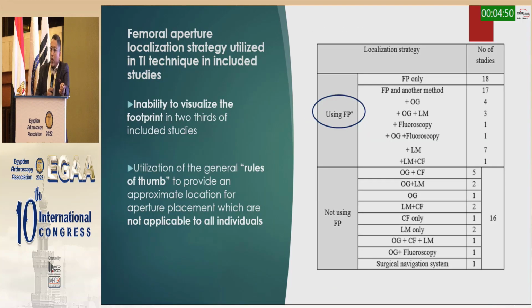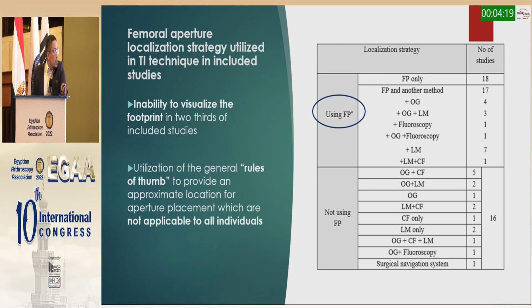Then, when we synthesized the tibial independent technique in our included studies, we found that the localization strategy for femoral aperture positioning varied. Some used the footprint only or with other methods, and some did not use the footprint. These are the studies which we found. These other methods could be an offset guide, landmarks, or clock face.